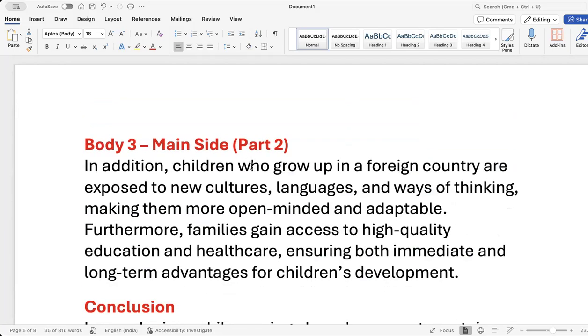In addition, children who grow up in a foreign country are exposed to new cultures, languages, and ways of thinking, making them more open-minded and adaptable. So the second point is that children become exposed to a new culture, so they become more adaptable. When you go to another country, you see how other people live.